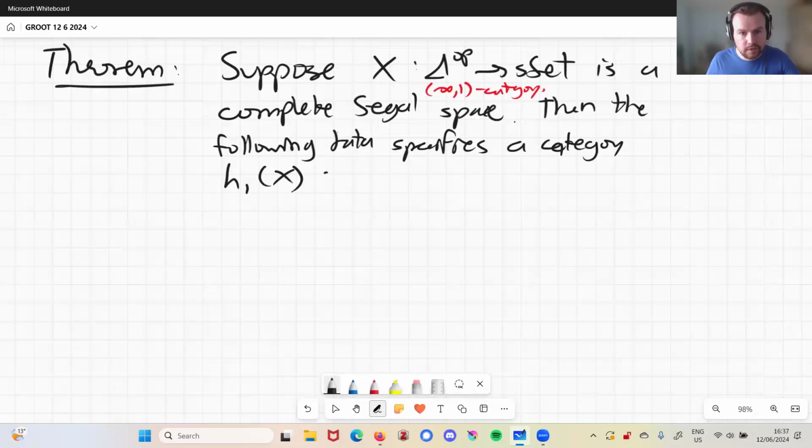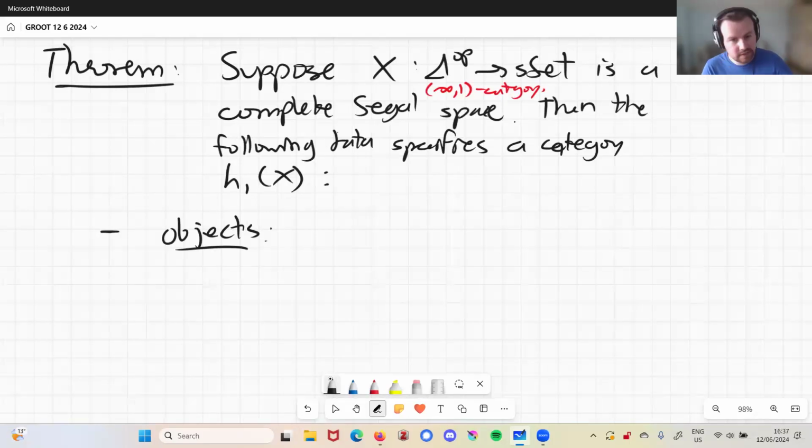Okay, so what data do I need? Well, if we're going to write down a category, we should probably know what the objects are. And in that story that I told you earlier, the objects didn't change, did they? In a homotopy n-category, the objects are exactly the same as the infinity n-category. So we need to retrieve the objects from our infinity-one category. What do we do?